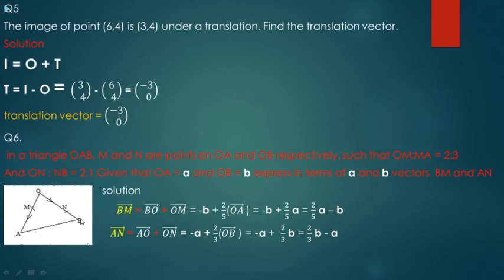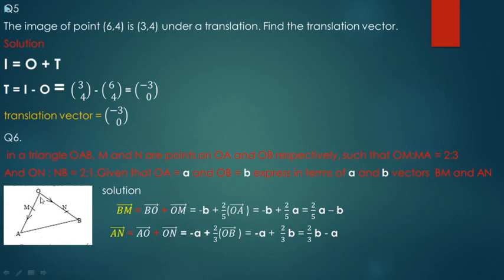You are given direction OB. So BM equals BO plus OM. And BO is negative B because we are told that OB is B. So BO is negative B plus OM.